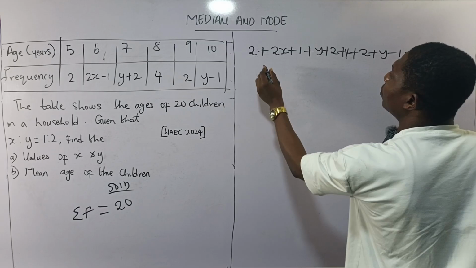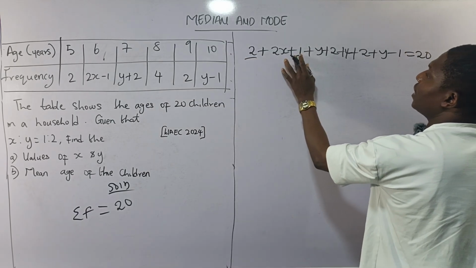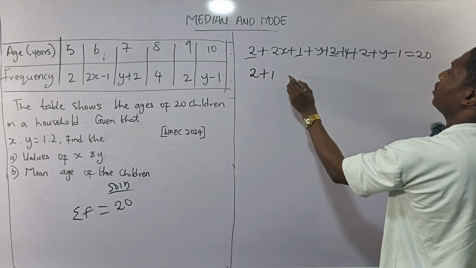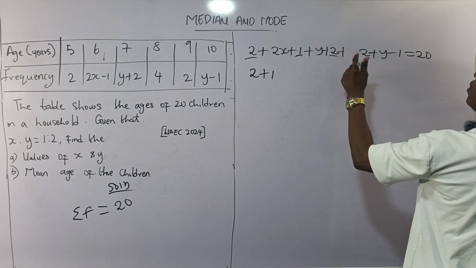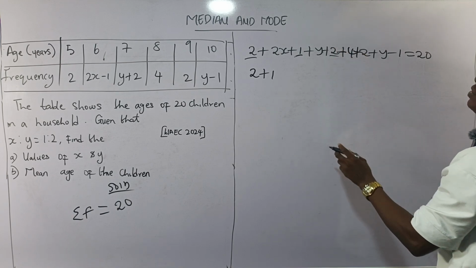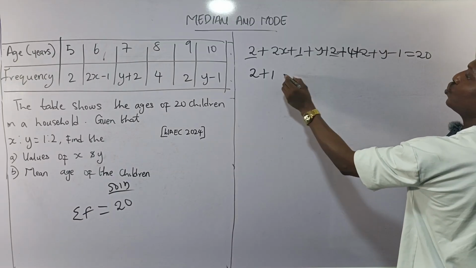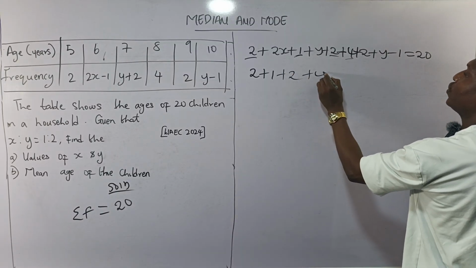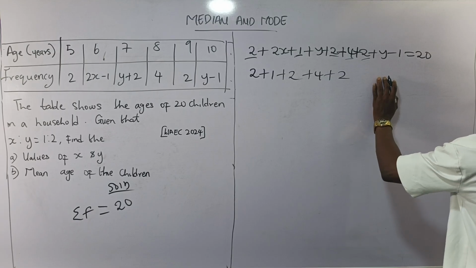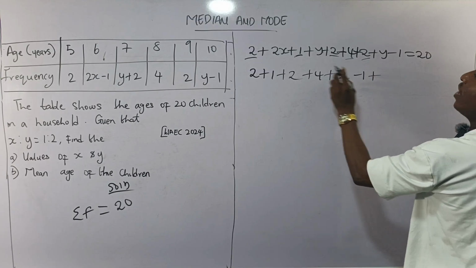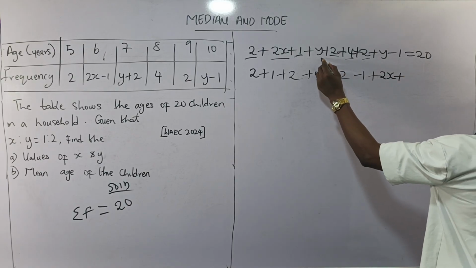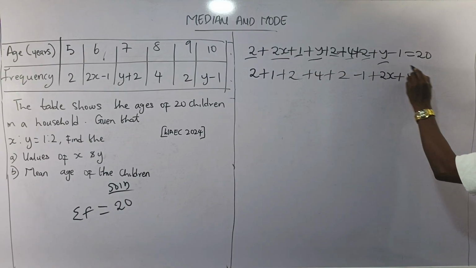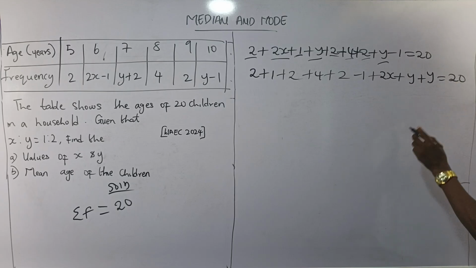20. Now, 2 plus 1 is 3, or let me arrange. Y plus 2 plus 4, yes, is 4. So we have 2 plus 1 plus 2 plus 4 plus 2 minus 1. Now we have plus 2x plus y plus y will be equal to what? 20.